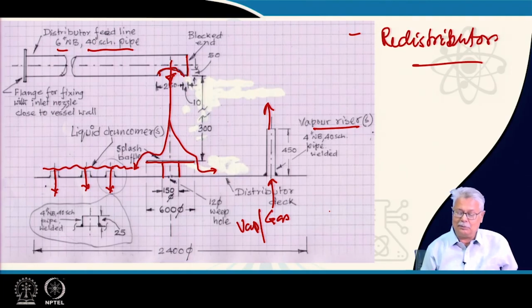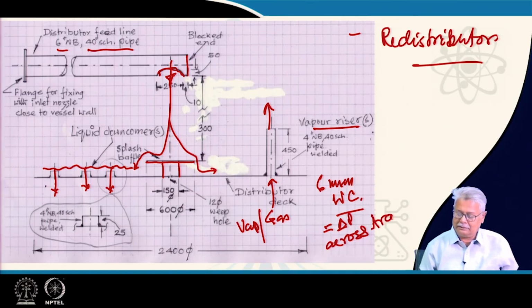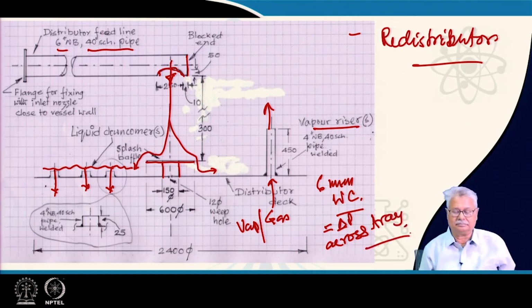I will just add only one thing, the pressure drop in your gas line here is typically taken as 6 millimeters water column delta P across such a tray. It is a distributor tray.